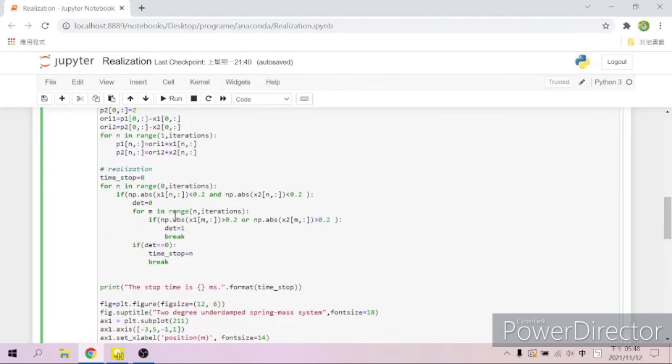Then in realization, we will set the degree that this system cannot exceed. For example, in this case, I set that when displacement is not higher than 0.2, the clock is over and recorded.